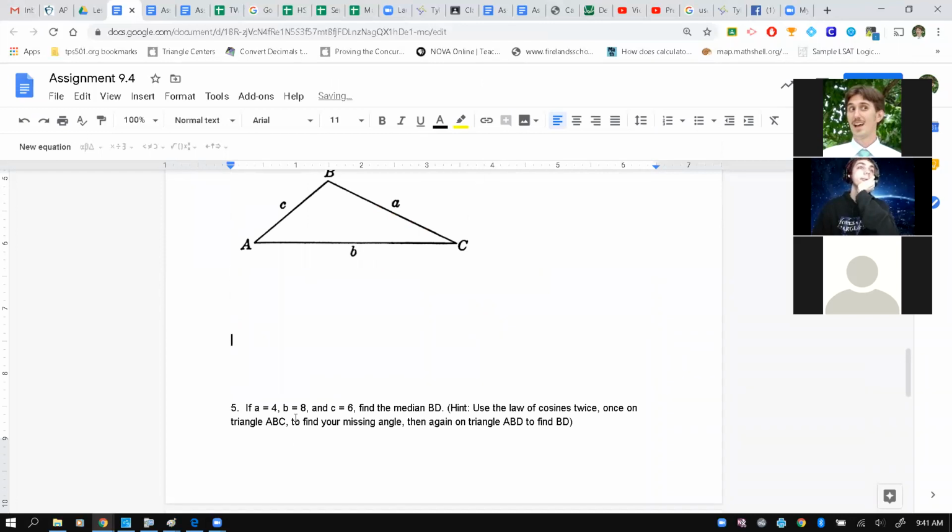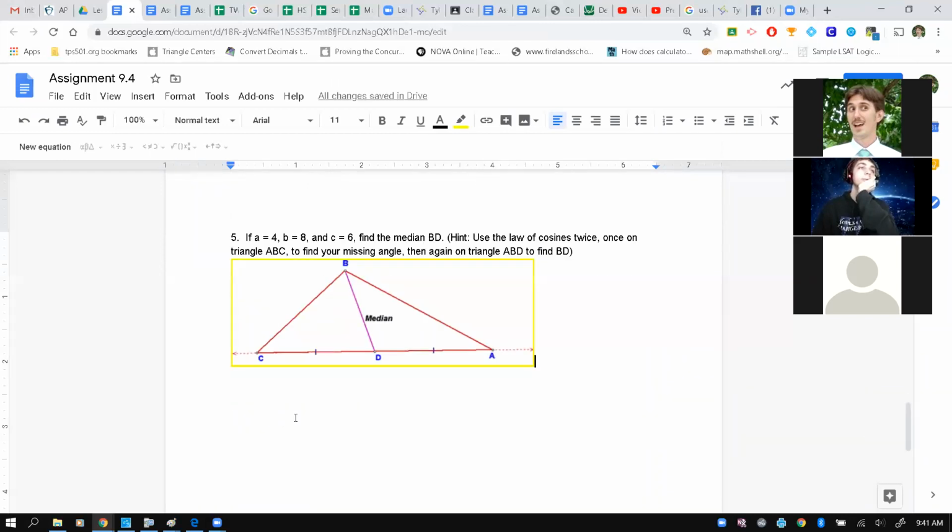Let me just move this. I'm messing up all the formatting on this, so I have to go fix it. Okay. Number 5 is kind of tricky. What you have to do is the law of cosines twice: once with just triangle ABC, the big one, and then again with triangle ABD, or really CBD, depending on which one you do.